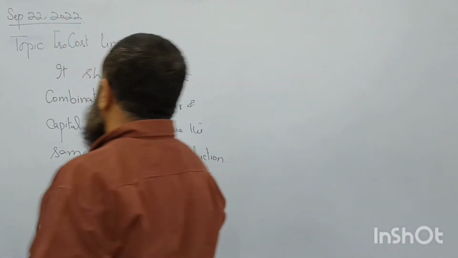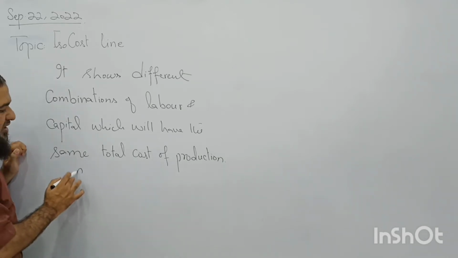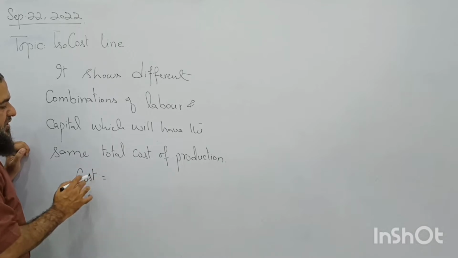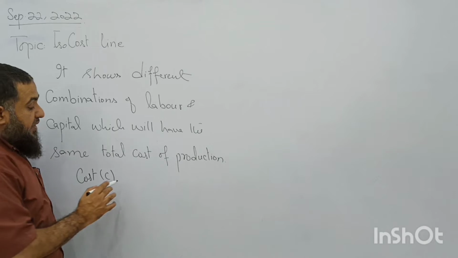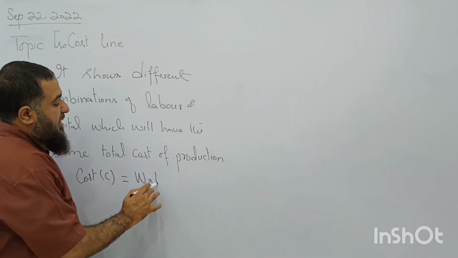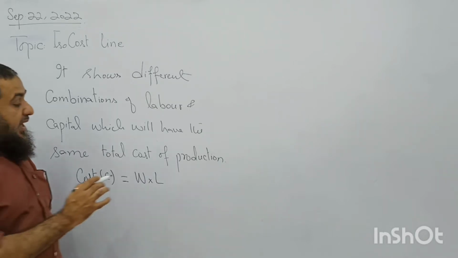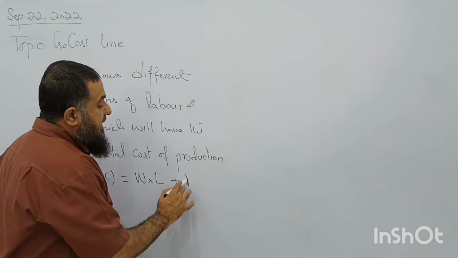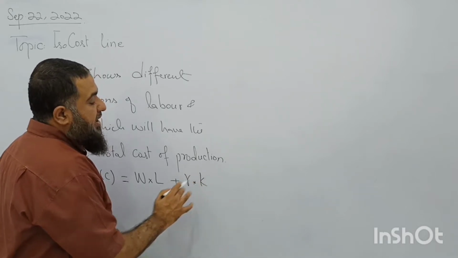Now, what are those combinations which can be drawn in the form of the isocost line? I write over here, cost, which I will denote by C, is equal to wages multiplied by the number of workers employed, plus rate of interest multiplied by the capital employed.